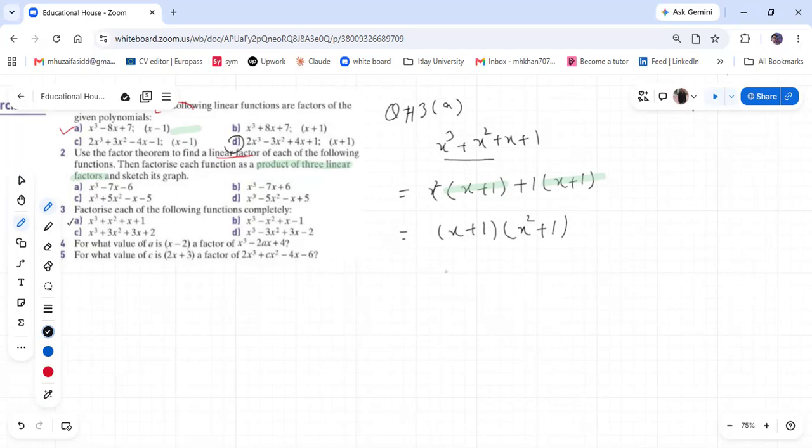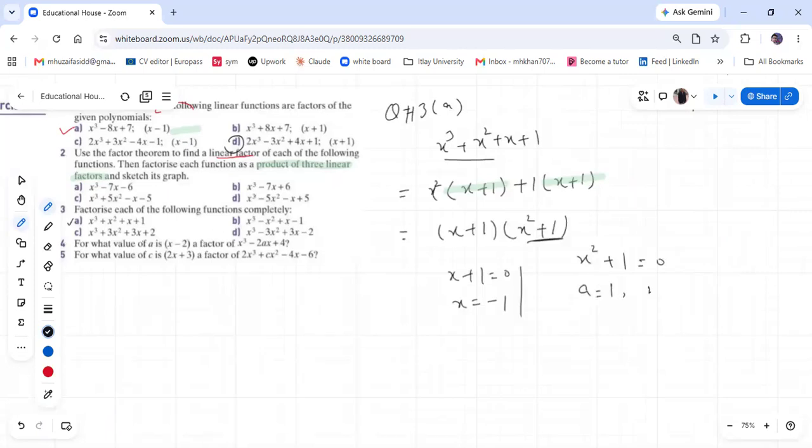So x plus 1 is equal to 0, and here is our x square plus 1. So x square minus 1 is equal to 0, and we can't find the factors with the help of factorization. So we are using our quadratic formula.